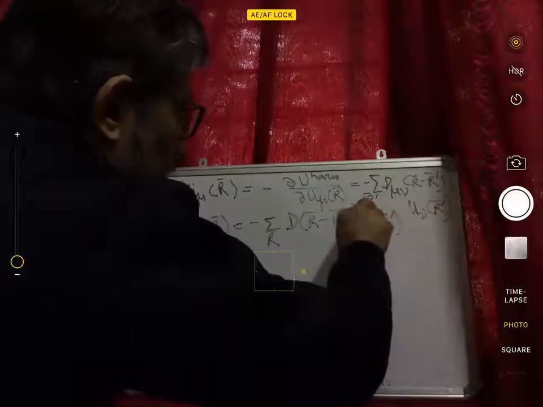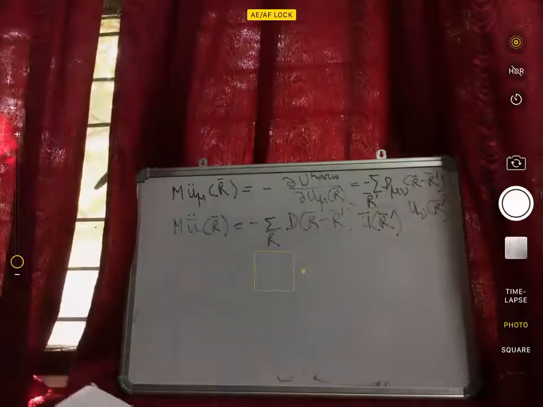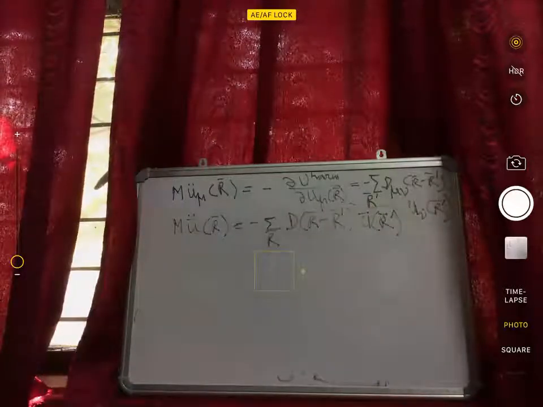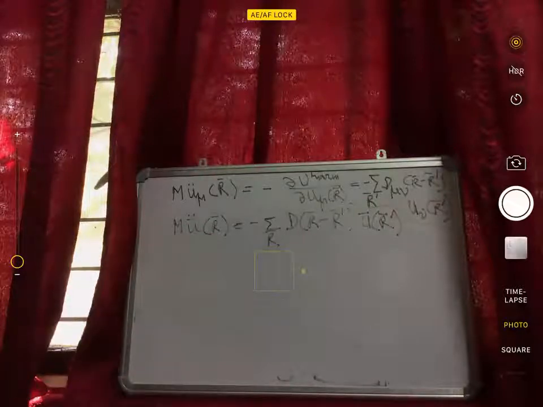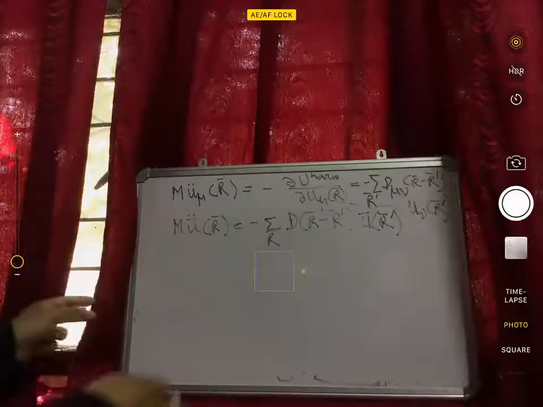And as before, because we are studying vibrations of atoms in the crystal, we seek solutions that are in plane wave form.